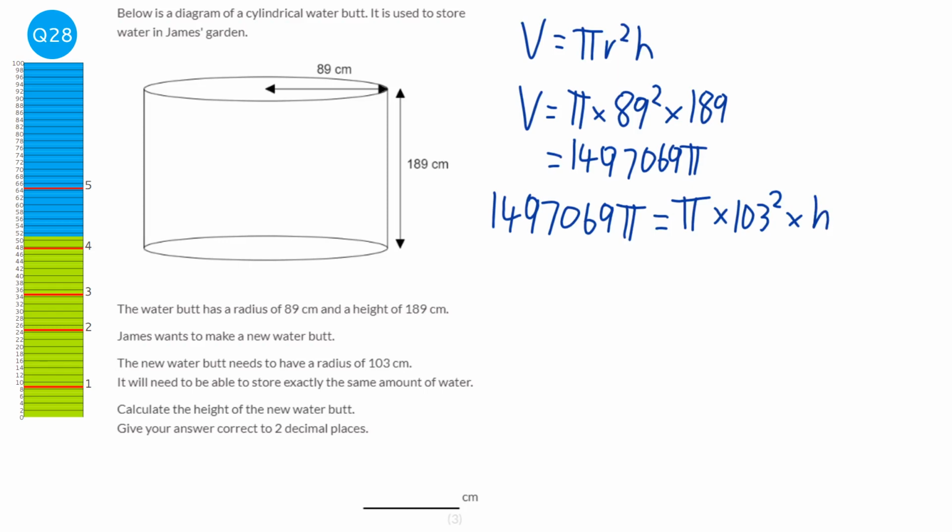Okay, so first thing we can do actually is just cross off the pi's from both sides. We don't really need them at all. And then we can get our solving lines in, and we can divide both sides by the 103 squared.